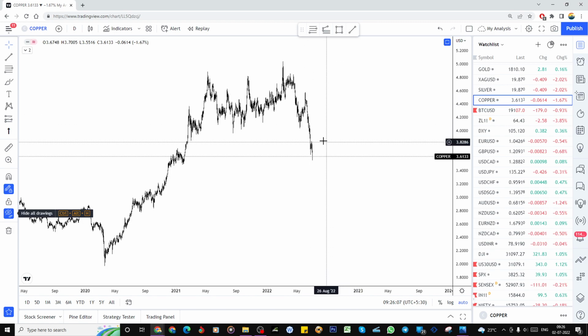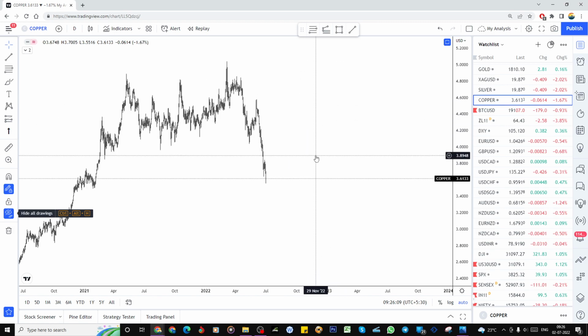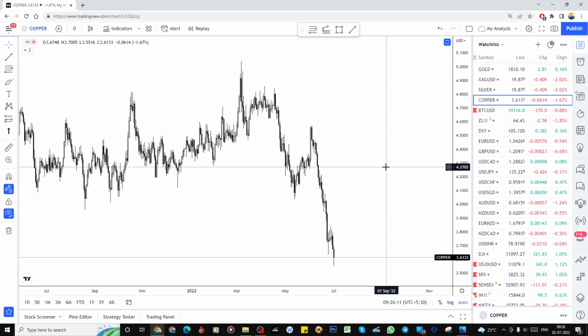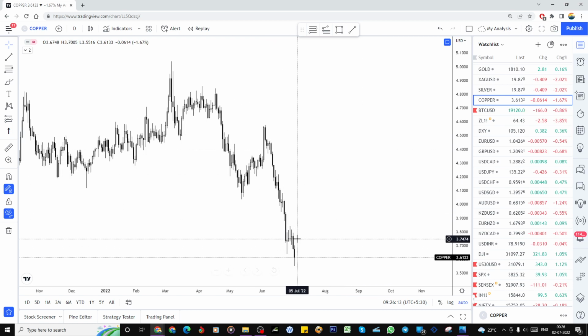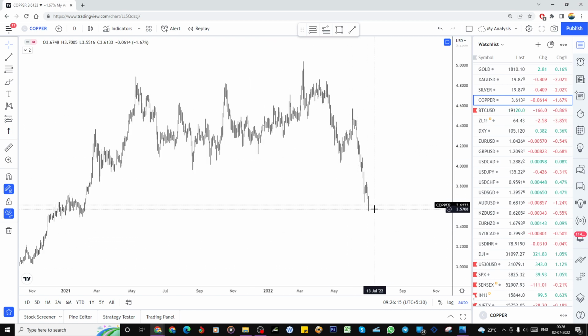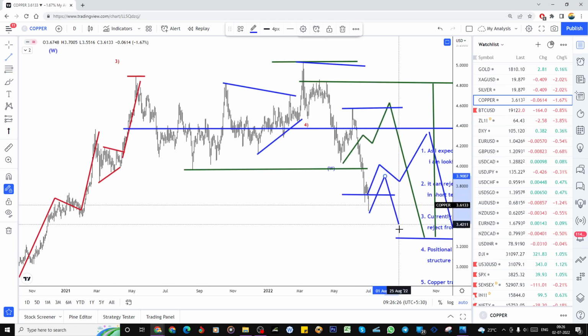But what the market did was that beautiful 5-wave structure here. Here it's looking like the 5-wave structure has been completed. So again what we'll do is expect another A, B, C and another 4. Market sometimes will do like this also, and then 1, 2, 3, 4 and 5.